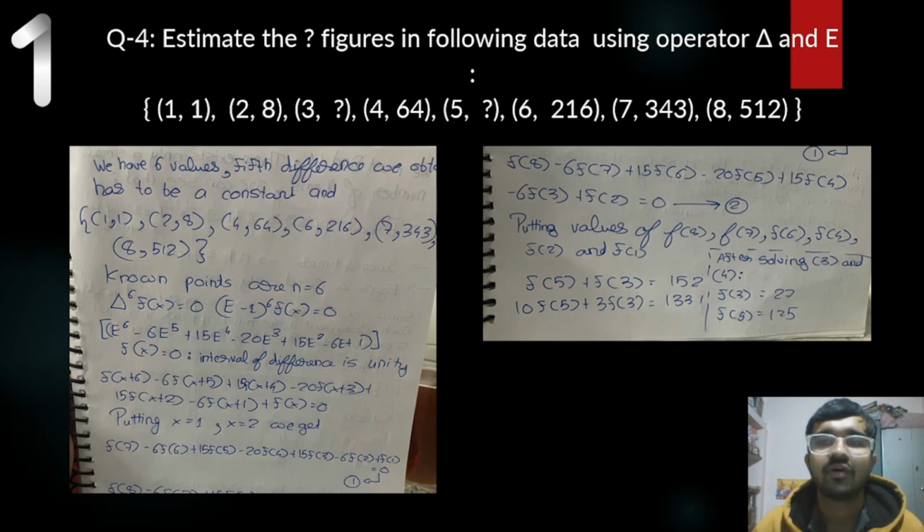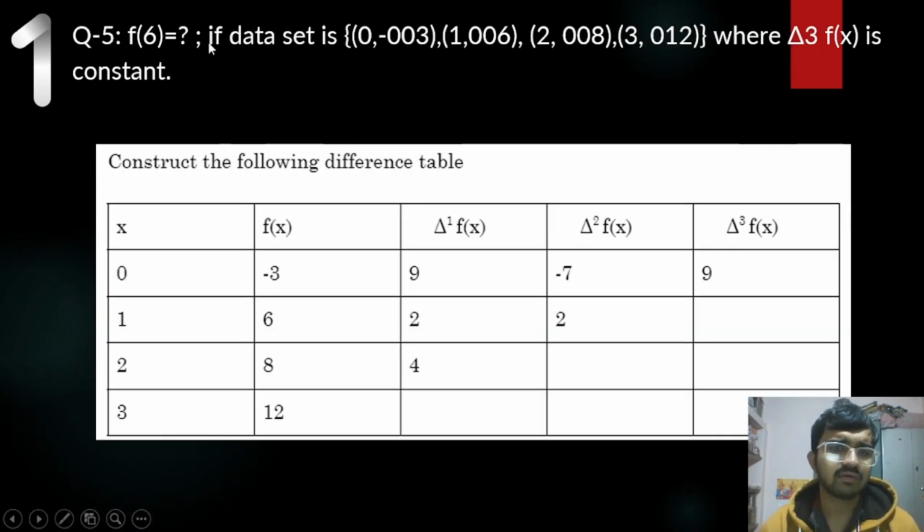Now let's move forward to our next question and see how we can solve it. Now our next question is that we have to find the value of f6, and we are given the data set 0, -3, 1, 6, 2, 8, where delta cube f(x) is constant.